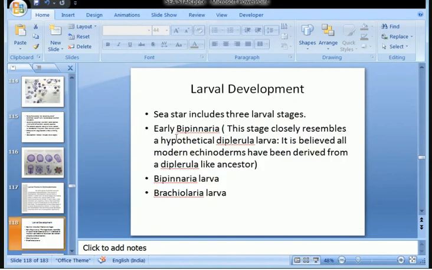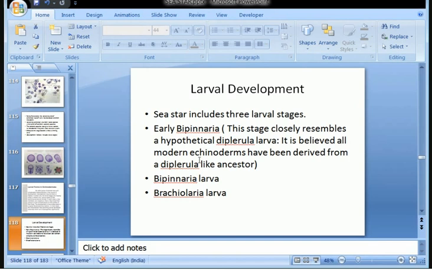So now we come specifically to sea star first, then we will be talking about the larval stages present in other classes. Right now, we are talking about larval stages of class Asteroidea and specifically the sea star. So there are basically 2 larval stages, the Bipinnaria and Brachiolaria. But Bipinnaria can be divided into 2 conditions.